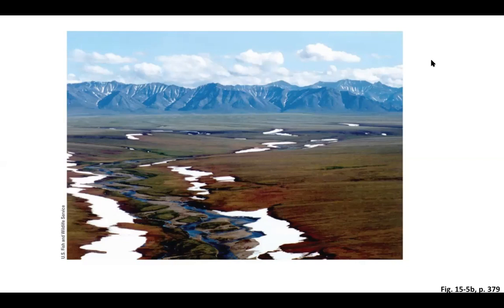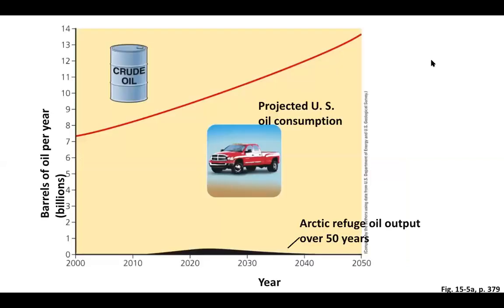Now, it's hard to say whether or not that is going to be codified into law or if it's something that can be reversed under the next administration. But this is something that's been fought over for a really long time. And to put it in perspective, the oil companies have said, based on the size of the deposit, it'll take us somewhere around 50 years to build the infrastructure to access the oil that's in ANWR.